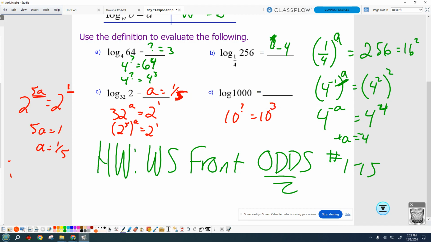It's 10. 10 squared is 100, 10 cubed is 1,000. So what's the answer? Okay. Dory, you still looking concerned? Oh, no, I get it now, I see what you're doing. All right, can you guys try the odds that are on the worksheet in front of you?